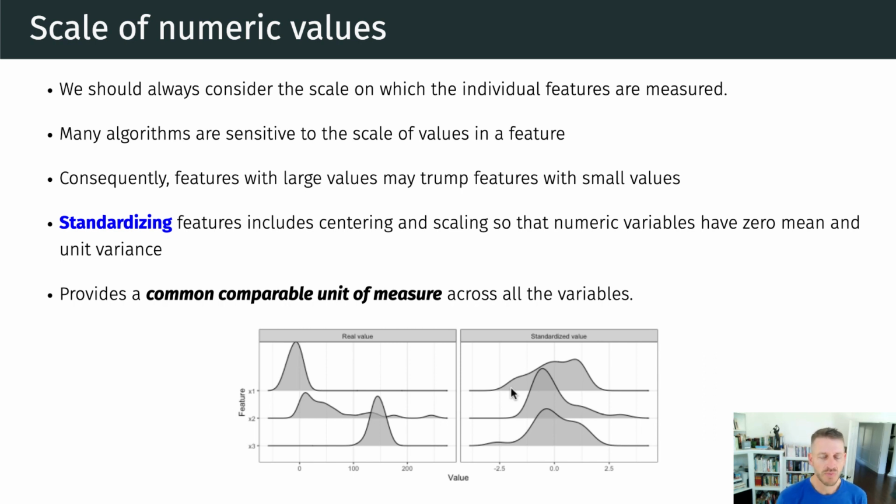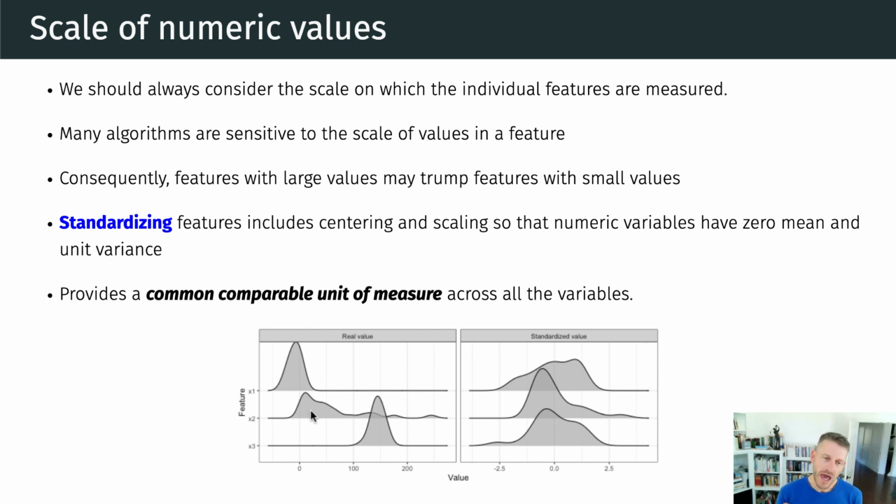And so what we often want to do for many algorithms is to actually get all our features on the same scale. So if we take a look down here in this image, you can see that we have three features, x1, x2, and x3. And these are on somewhat different scales. You have x3 down here between 100 and 200 units, where x1 and x2 are down closer to 0.